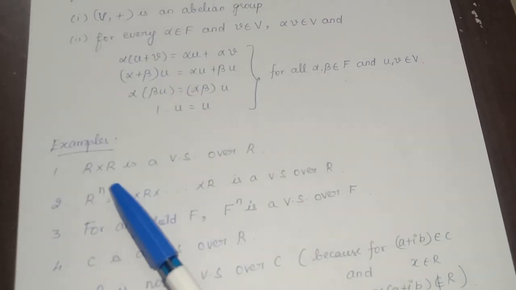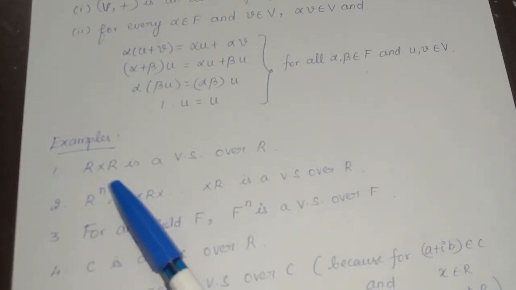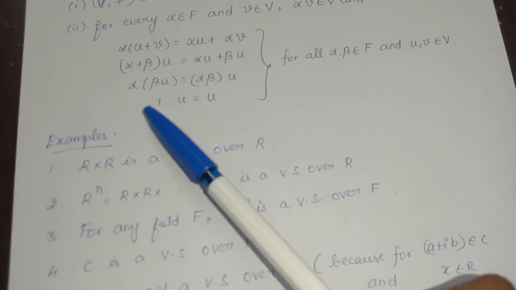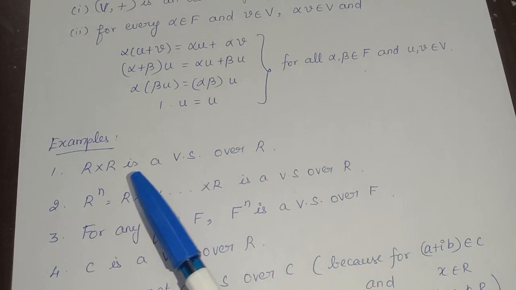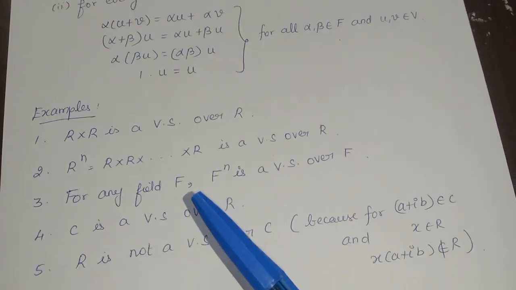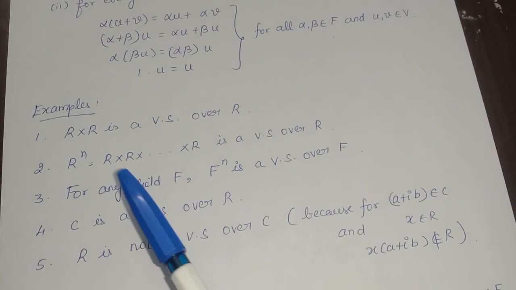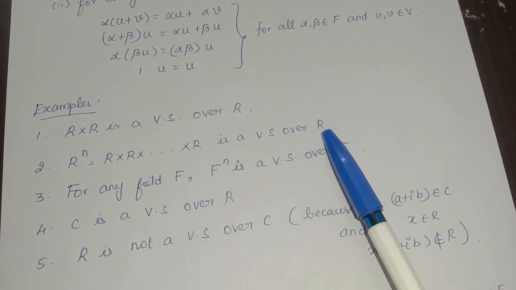Also, whenever we are talking about R, we are talking about usual addition and usual multiplication. So obviously all these conditions will get satisfied, and hence R cross R forms a vector space over R, and this can be extended to any finite number, that is, Rn is also a vector space over R.